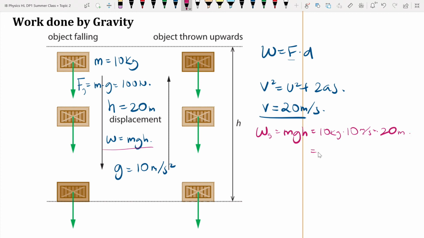This gives us about 2,000 joules. Now we use the second equation for kinetic energy. The kinetic energy equation we know was 1/2 mv squared. So we have 1/2 times the mass of 10 times v squared. This has to equal the 2,000 joules, right?